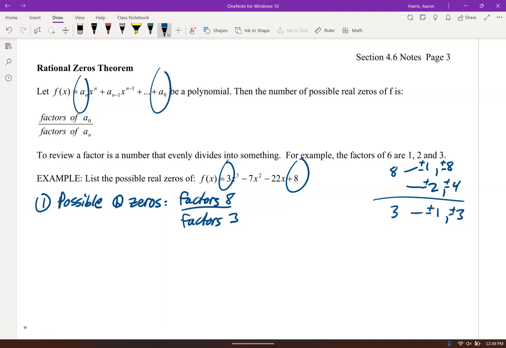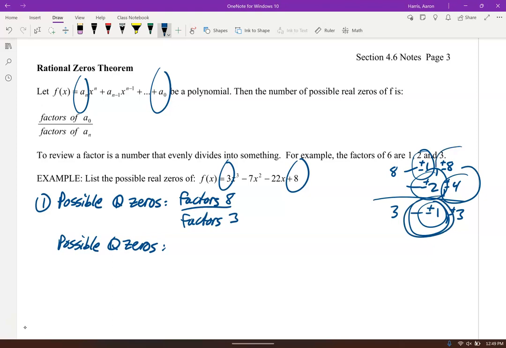So let's go ahead and list the possible rational zeros now. So factors of 8, I'm going to start with the smallest factors of 8 first. I'll go 1, and I'm going to go over 1 every time. And then I'll go 2 over the 1, then 4 over the 1, then 8 over the 1.